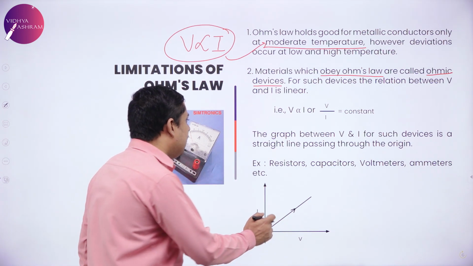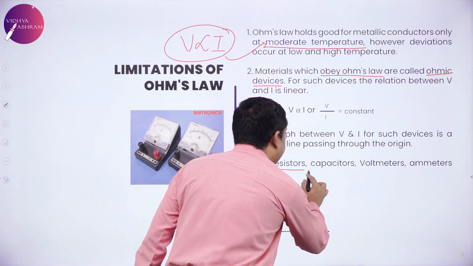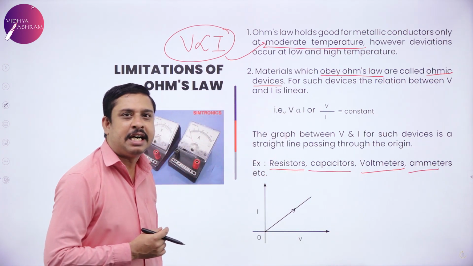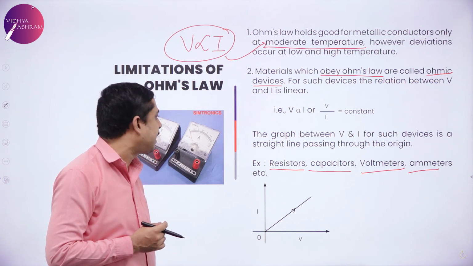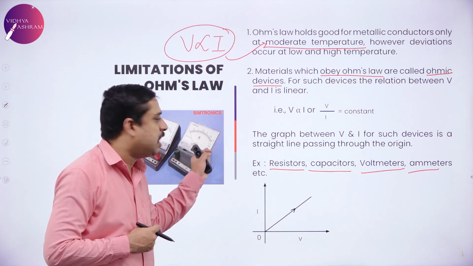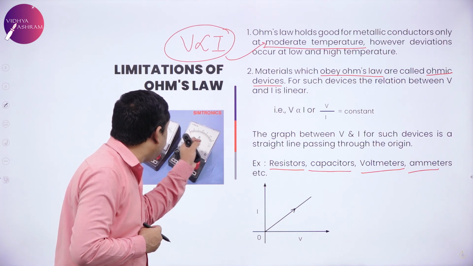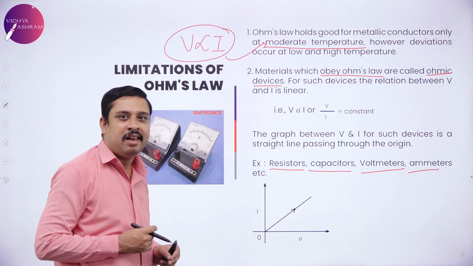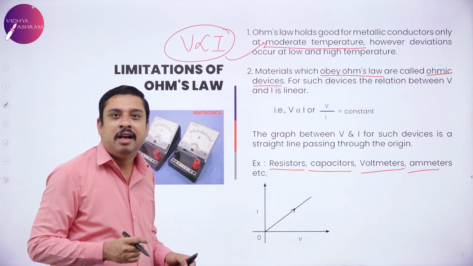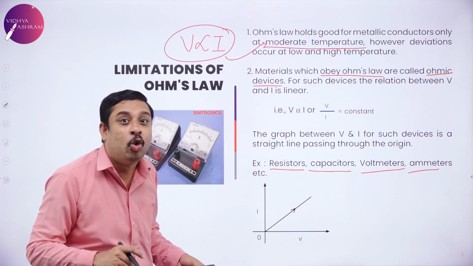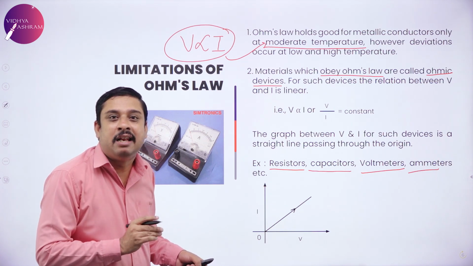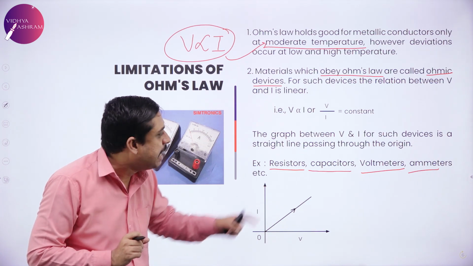Ohmic devices are, for example, resistors, capacitors, voltmeters, ammeters, galvanometers, etc. Here you have a picture of an ammeter and a picture of a voltmeter. Galvanometer: what will a galvanometer do? Detect the presence of current in a circuit.